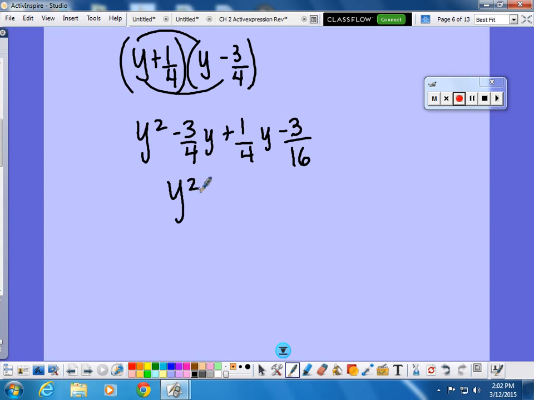And negative 3/4 and positive 1/4 would be negative. What would it be? Heather, what would it be? Negative 1/2. Yeah. Negative 3/4 plus 1/4 would be negative 2/4, which reduces to negative 1/2.